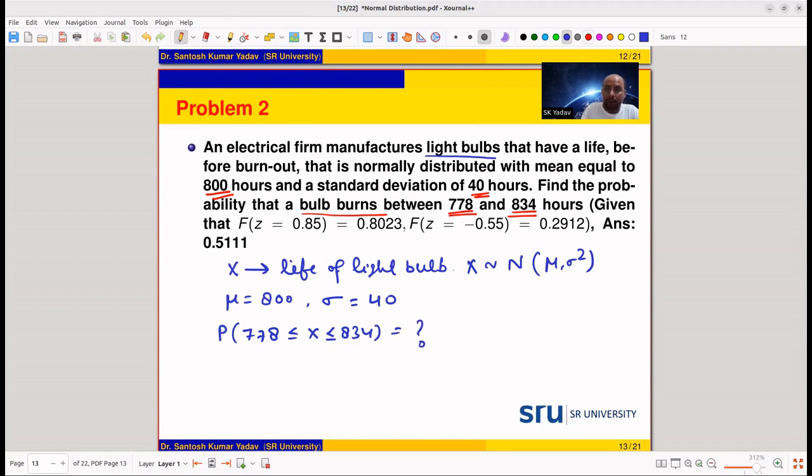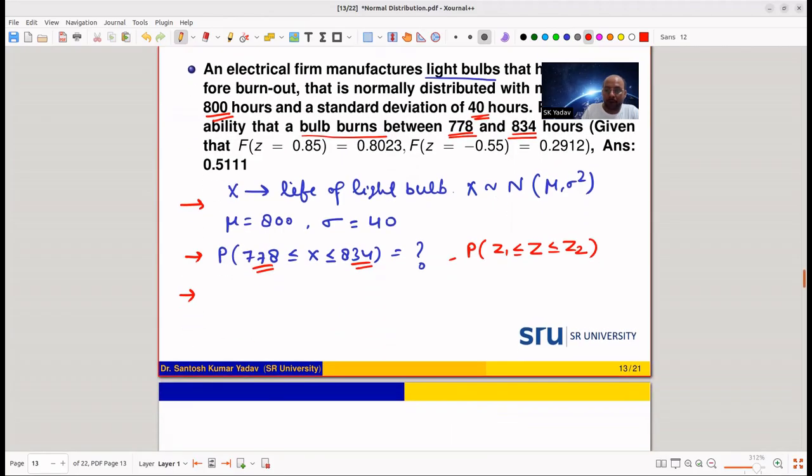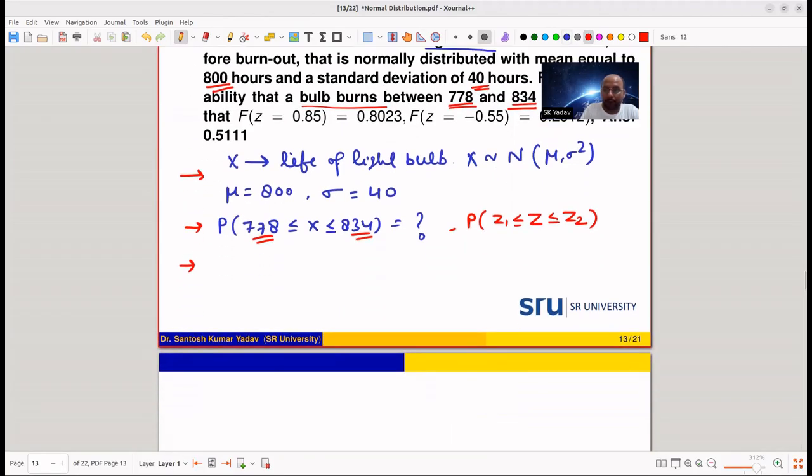So these are the two steps we have covered. Now, as I said, in the third step, you have to change x1 and x2 into z1 and z2 so that you can obtain p of z1 less than z less or equal to z2. So let us obtain these.